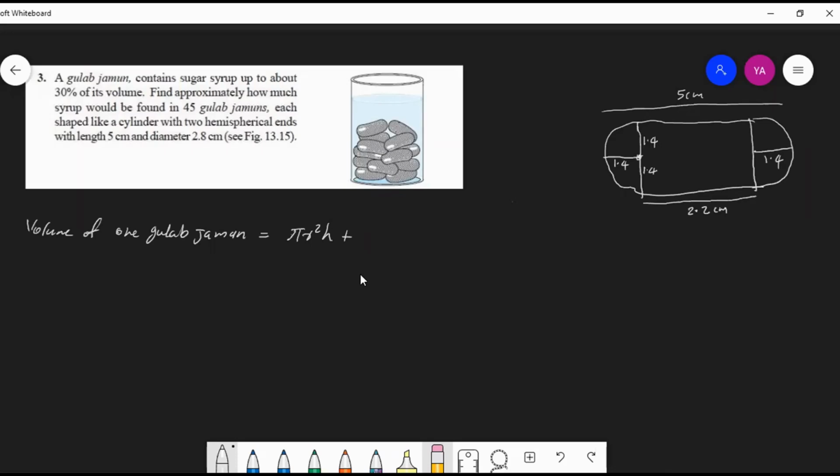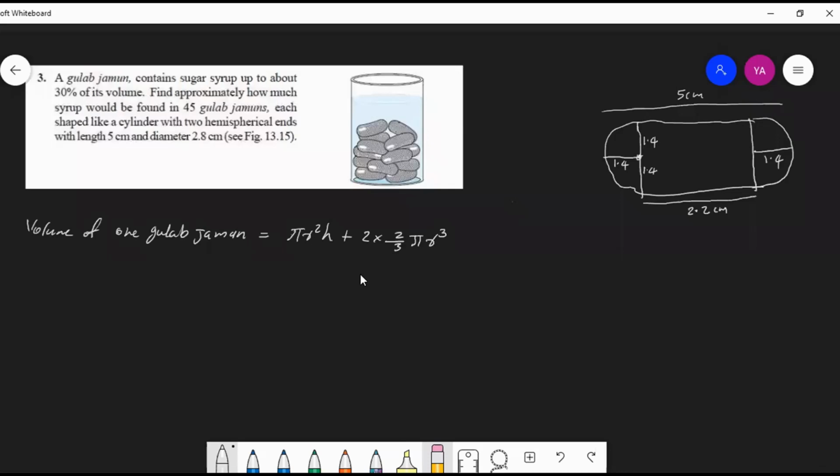There are two hemispheres, so that will make a sphere. In two ways you can write it. One way is 2 into 2/3 pi r cube, that is 2 times the volume of the hemisphere. Or simply you write 4/3 pi r cube, the volume of a full sphere.